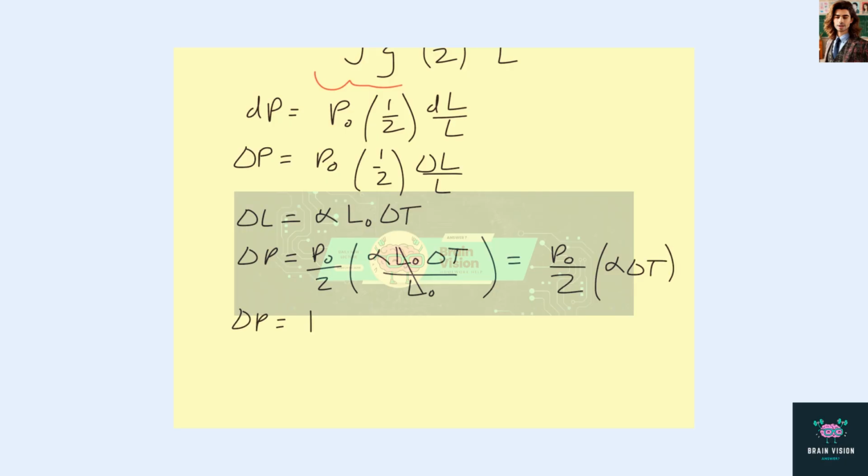Our initial period was just 1 second, so it's going to be 1 half. Alpha for brass is 19 times 10 to the negative 6. And then our change of temperature is 10 degrees Celsius. So therefore our change in period is going to be 9.5 times 10 to the negative 5 seconds.